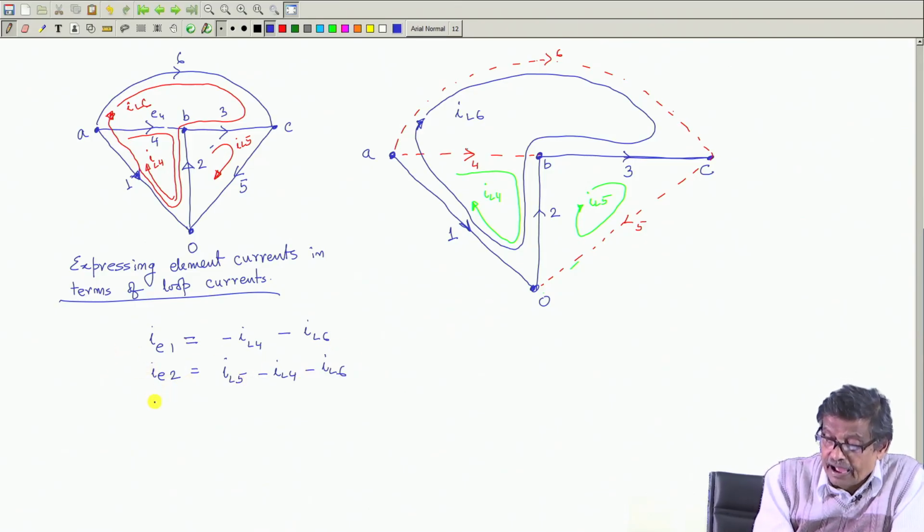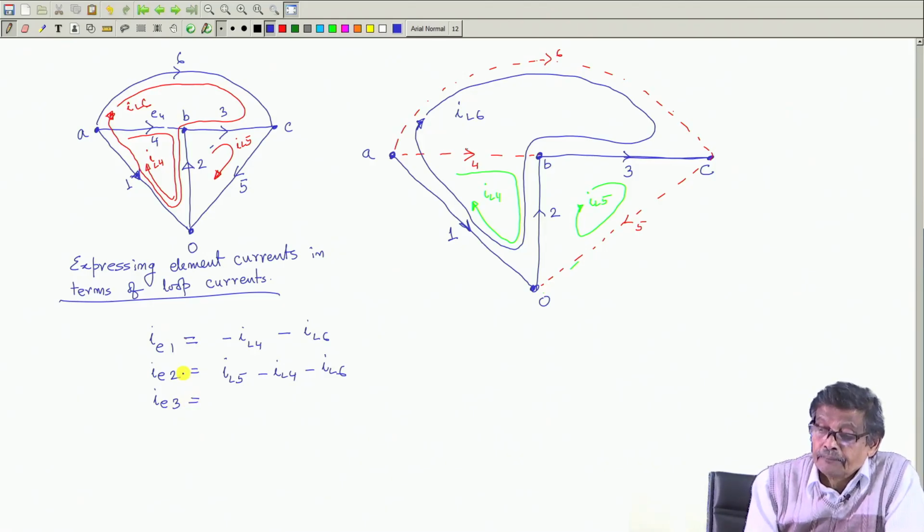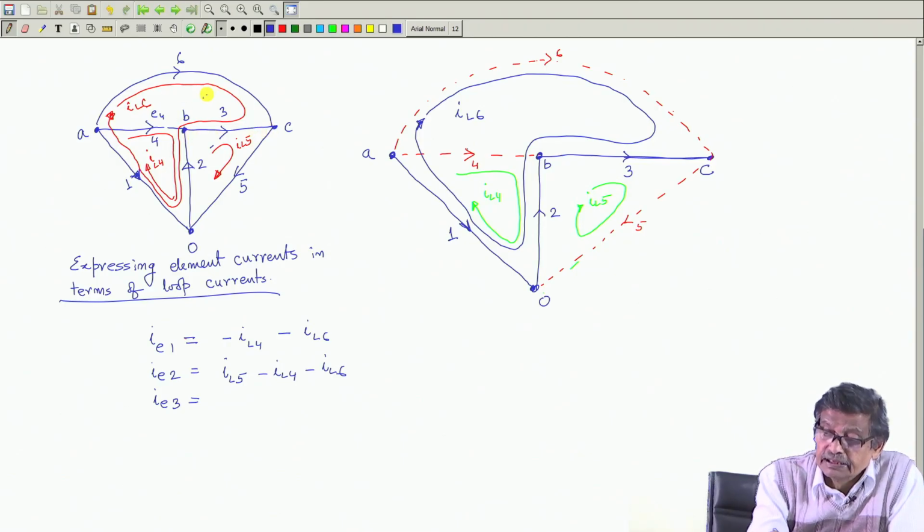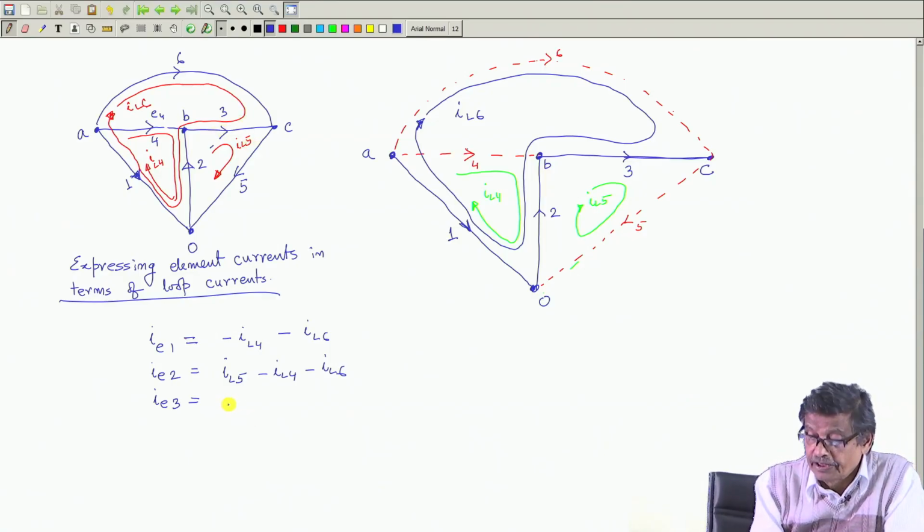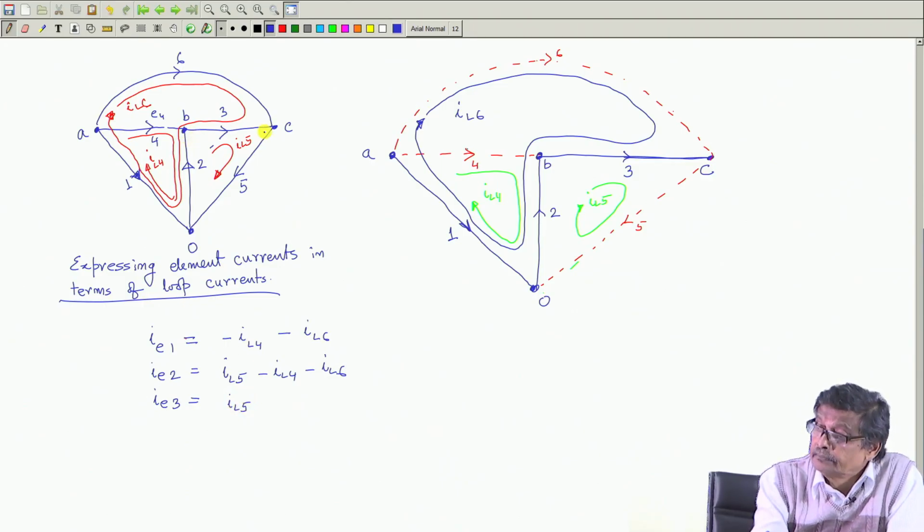Then IE3 in terms of loop current, IE3 is this way, and here these are the loop currents. Then IE3 in terms of the loop current will be IL5 plus, no, I am so sorry, IL5, this is IL5, it is a loop current, IE3 I am writing, which is this way.